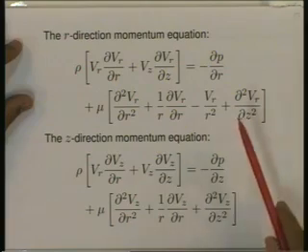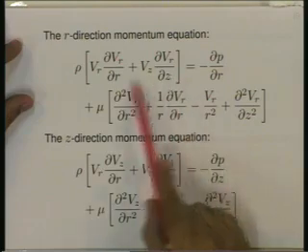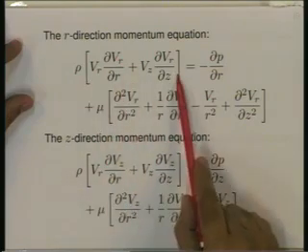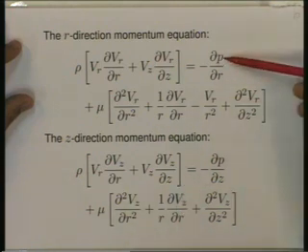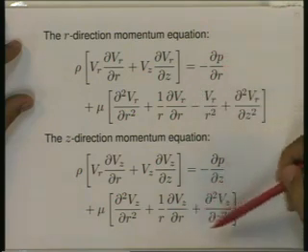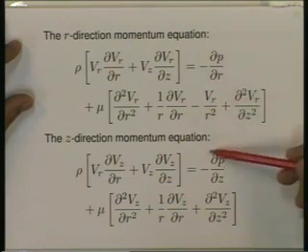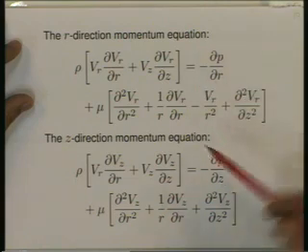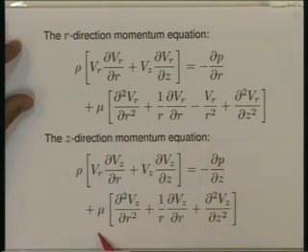In each of these equations, we have the momentum outflow terms in the r direction and in the z direction. We have the right hand side which represents the force on that fluid element. We have the pressure term in the r direction, pressure term in the z direction, and these are the viscous terms in the r direction and the viscous terms in the z direction.